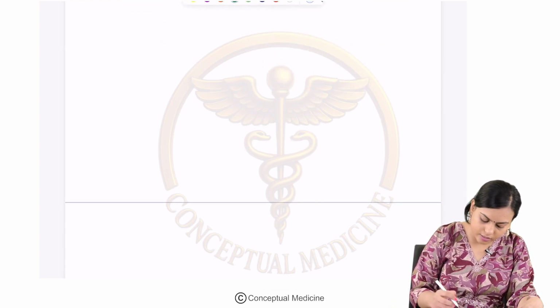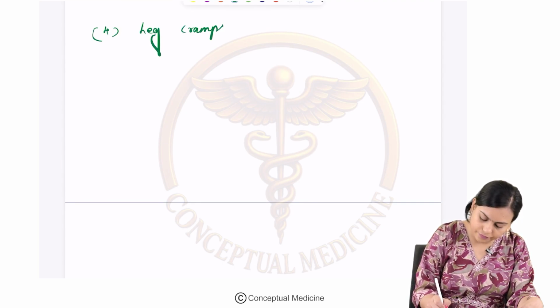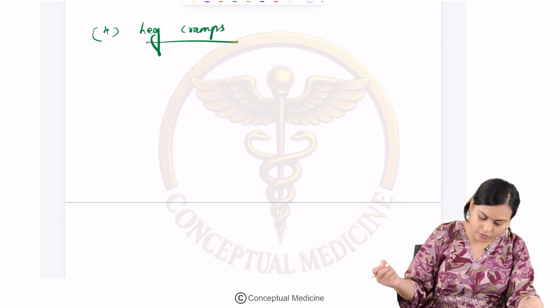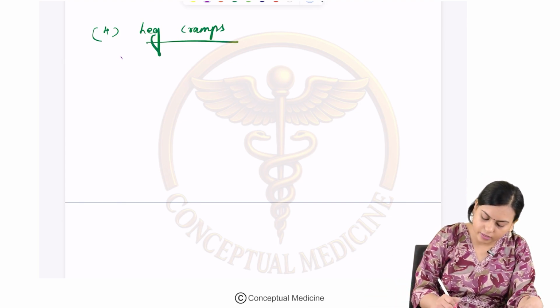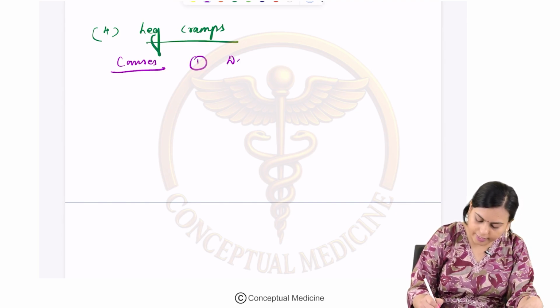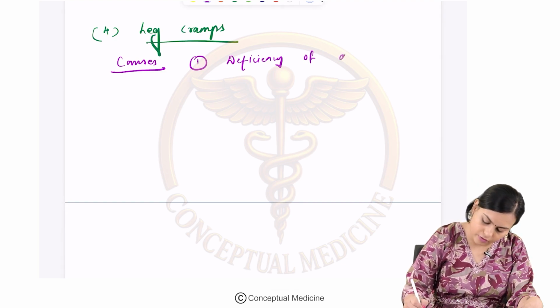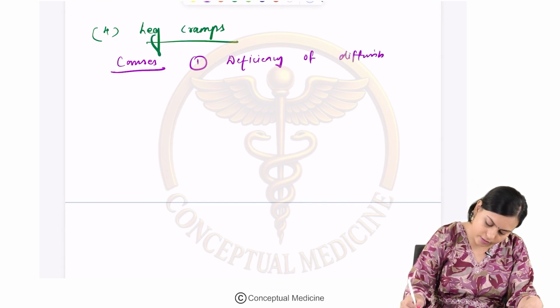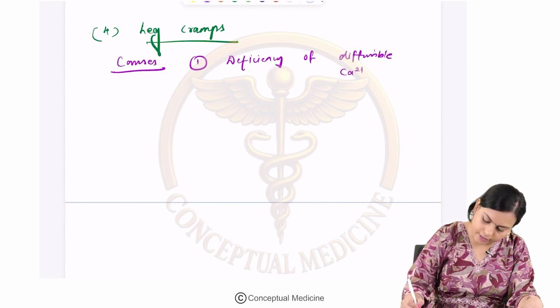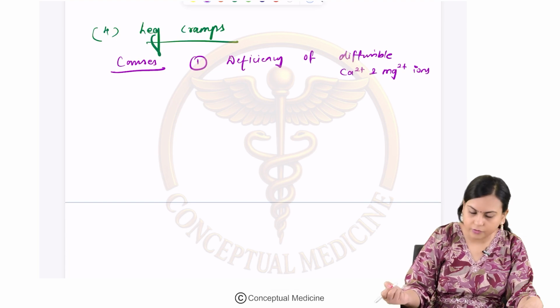Next thing we can see is leg cramps. Okay. So, leg cramps, there are many causes. Okay. Causes may include, number 1, a deficiency of diffusible calcium and magnesium ions.